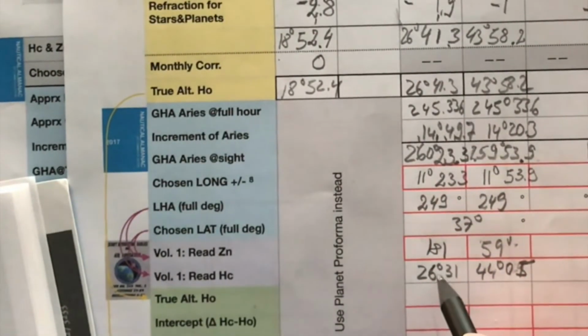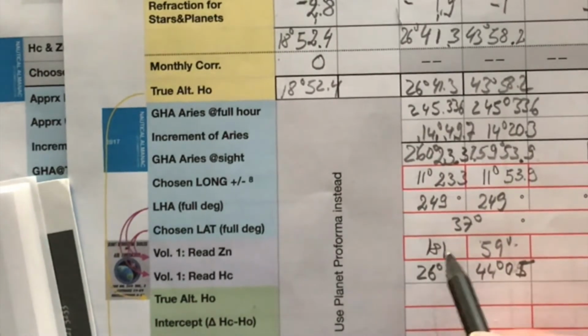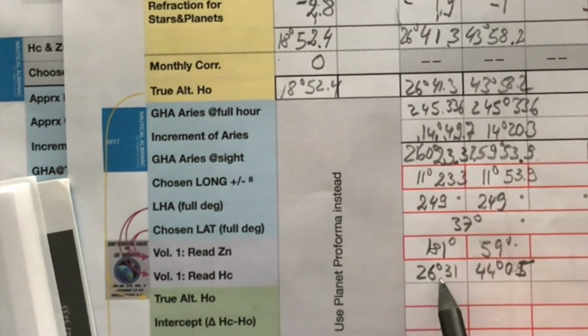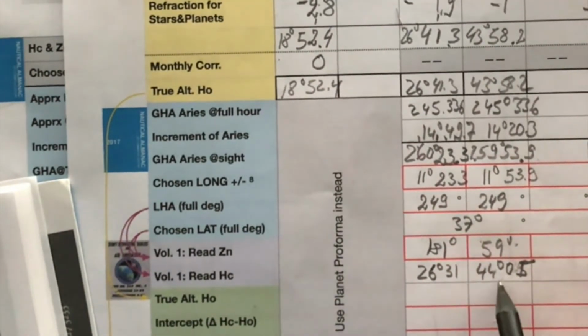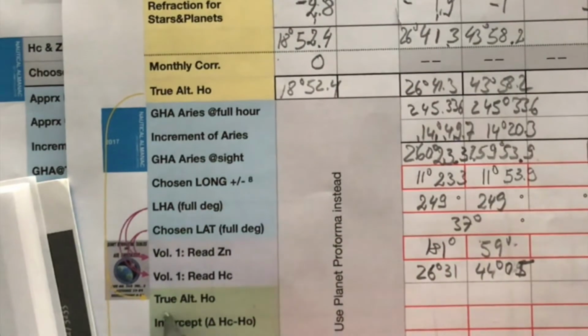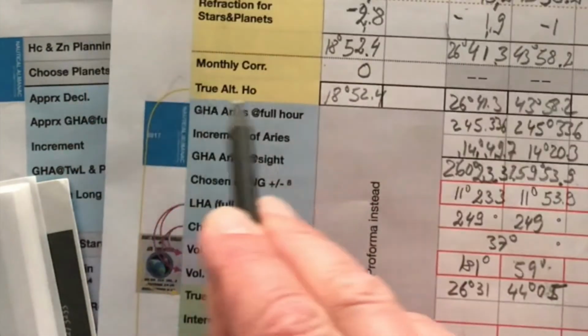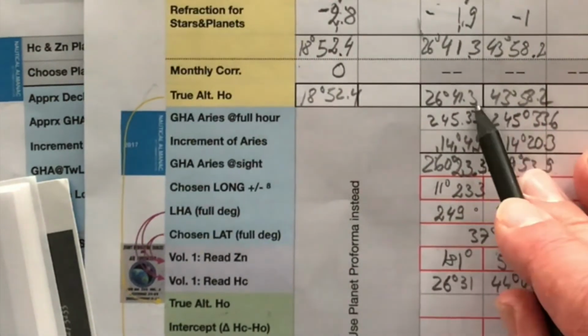So the azimuths are in red. So they we put into the chart as they are. So that's very practical. But I've chosen to have the HC below the azimuth in this template, because then I can use my true altitude here, which comes from here, what I have actually measured.